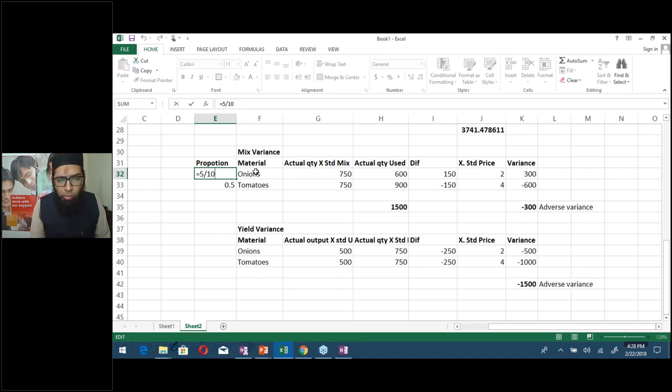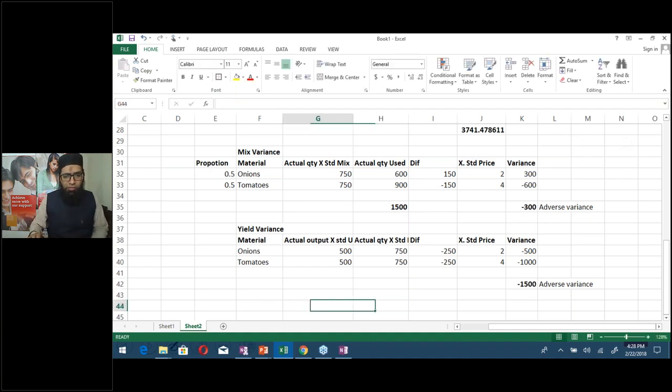The other question is from Umar Yasin: why is it that when the budgeted is higher, we say it is a favorable yield, but in sales it is different? Dear, the point is very simple because it is a cost.